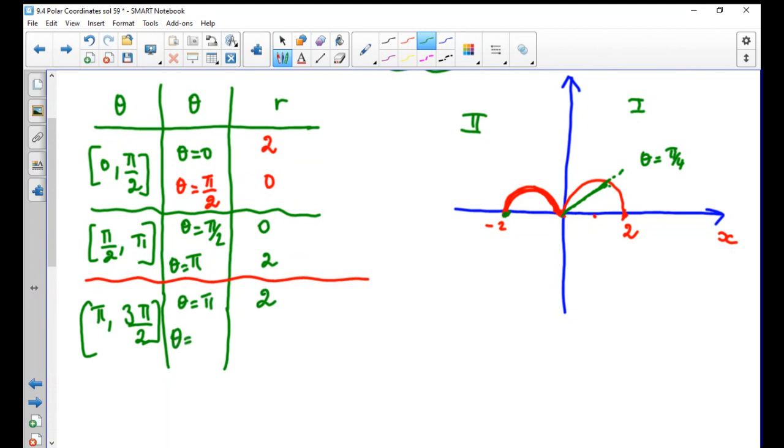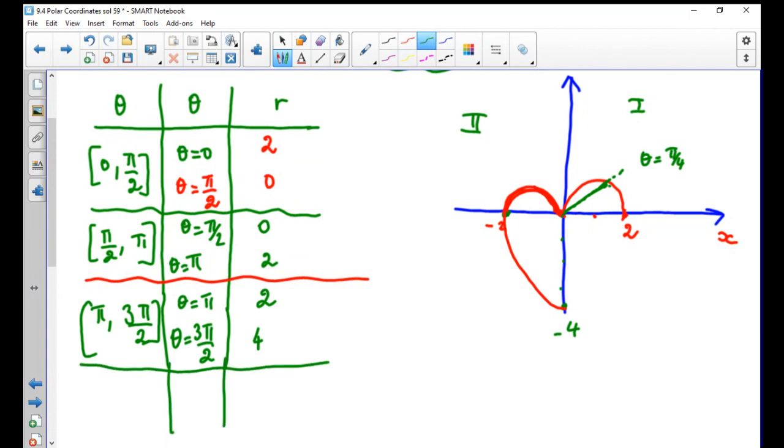And at 3 pi over 2, r is 4. Yes, so 1, 2, 3, 4. So we're coming down to the point minus 4 here. So we're basically doing this. And you can see where this is going. Yeah, it's another heart, basically.